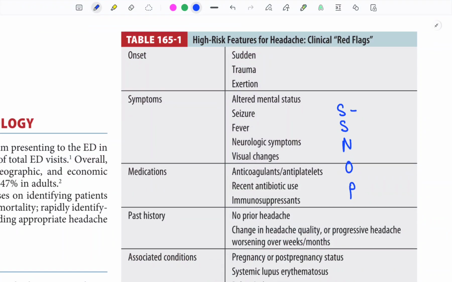If we come to the SNNOOP mnemonic, it goes from the history to the exam. Onset: if it is sudden onset associated with trauma or exertion, it is a serious headache. Symptoms including anything other than headache, like focal weakness, altered mental status, seizure, fever, neurologic symptoms, visual changes.